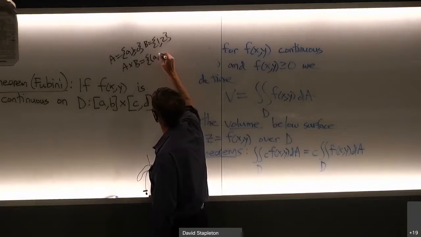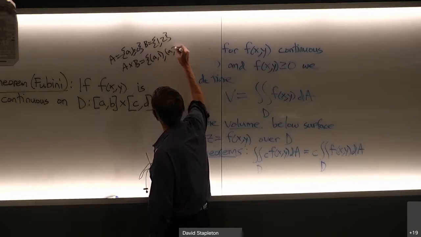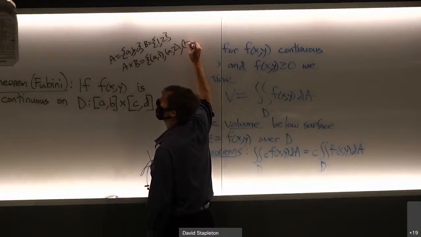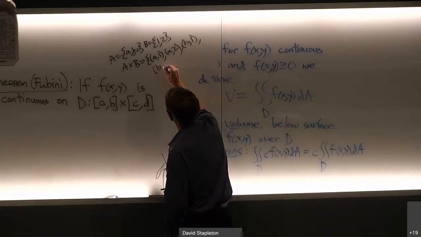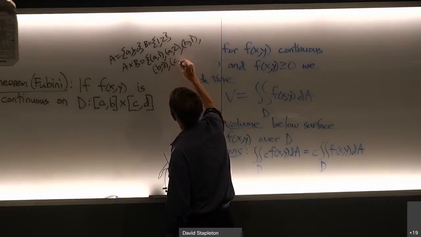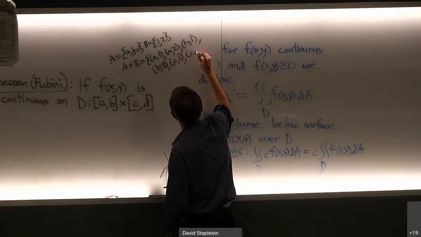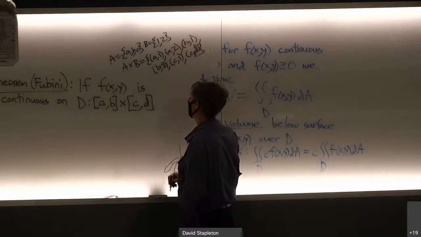So it'll be the set A1, A2, B1, B2, C1, C2. It's the set of all ordered pairs where the first element comes from the first set and the second one from the second.